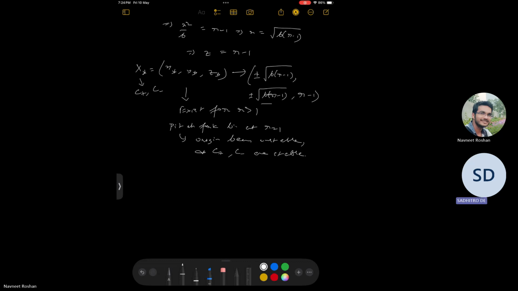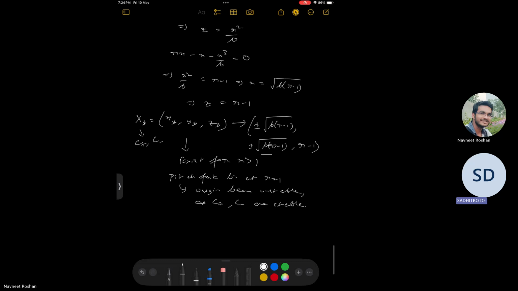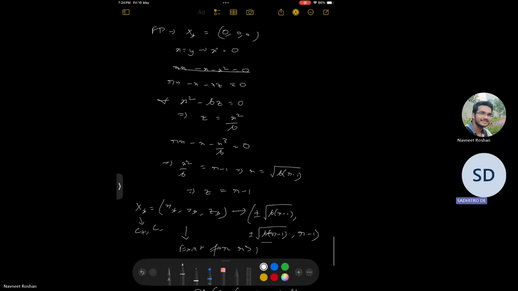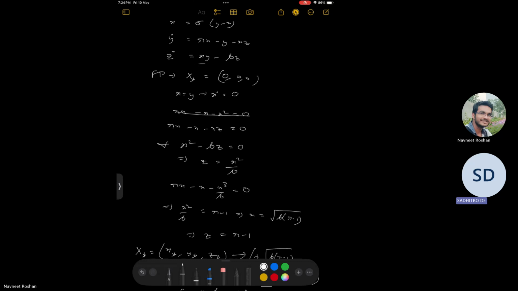Now one can do linear stability about the origin as well. When that is being done, one basically ignores this term in the z equation because we're considering the origin, and then z basically has an exponentially decaying part.